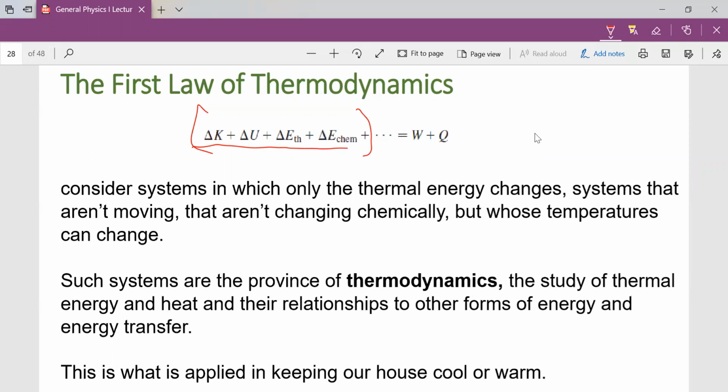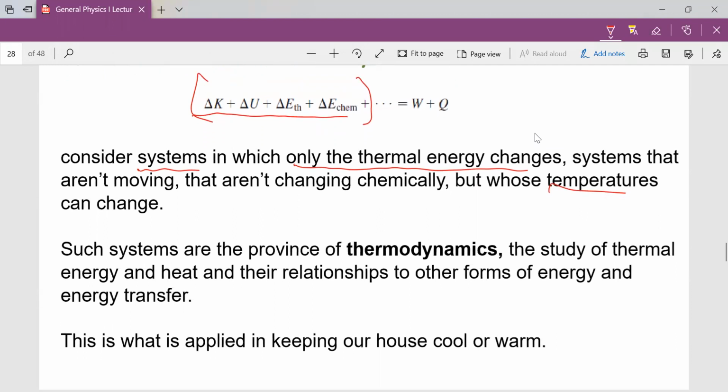So if we consider a system where only the thermal energy is changing, the system is not moving, and there's no chemical change, but its temperature is the only change we can recognize.